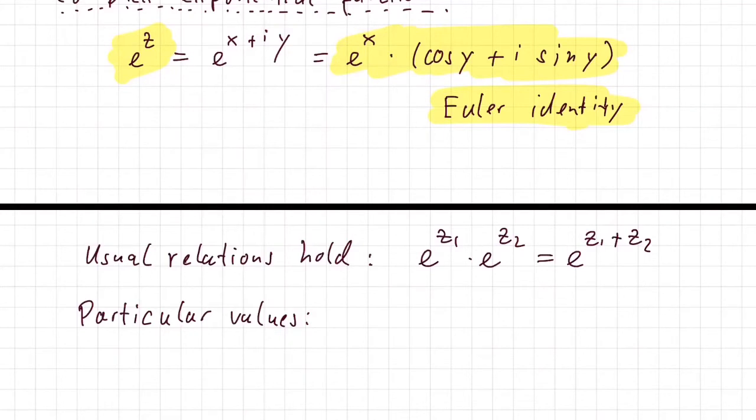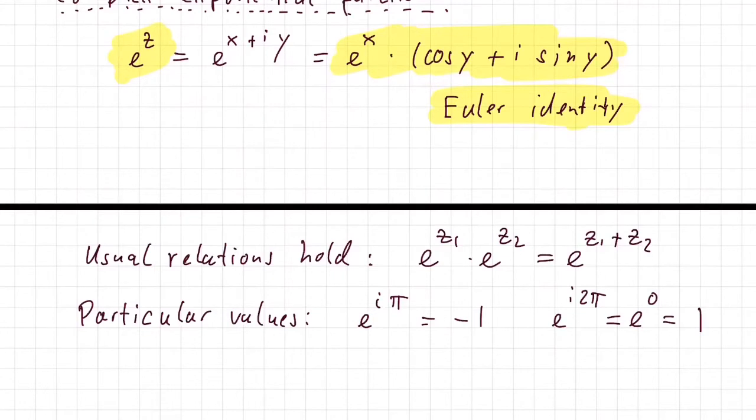So what we find if you just plug in numbers is that e to the power of i times pi, for example, equals -1. Well, that's because for pi, the sine is equal to 0, whereas the cosine gives us -1. And for e to the i 2 pi, we actually get the same as for e to the 0, namely 1.